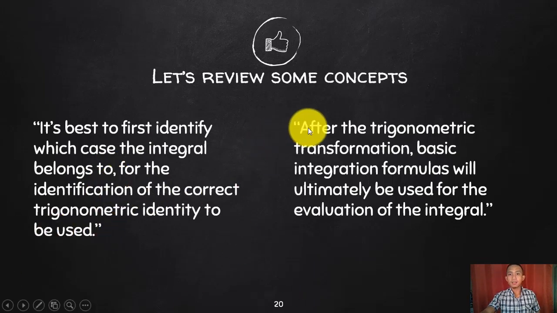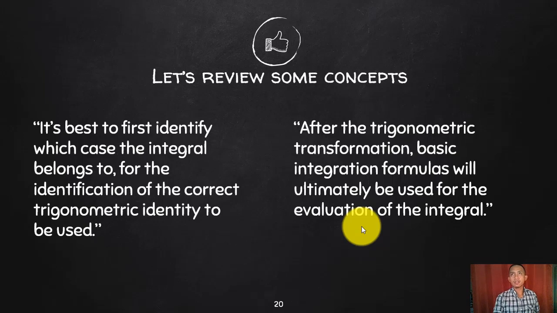And then, of course, after the trigonometric transformation, basic integration formulas will ultimately be used for the evaluation of the integral. Okay, so once you transform that one, of course, for you to say that it is integratable, you should be able to know what formulas we are going to make use of in this integration. Okay, so that's it.